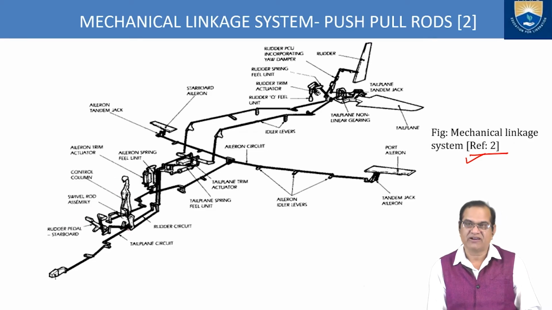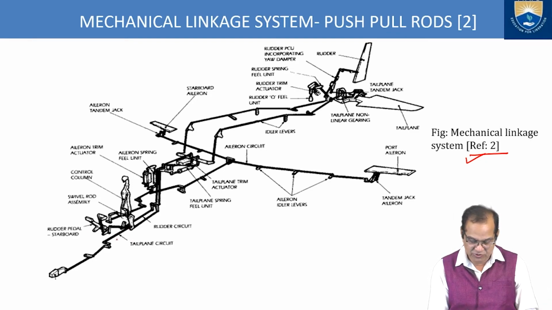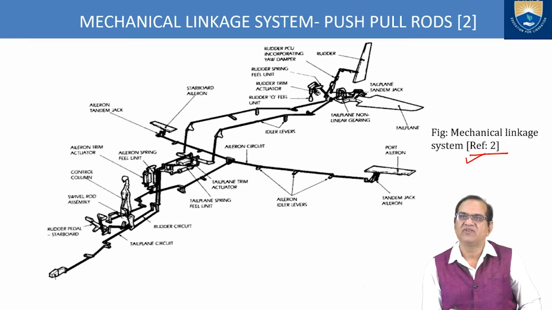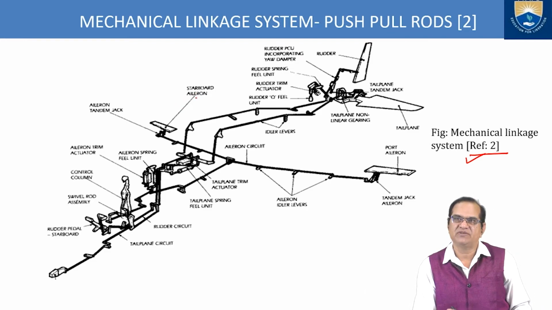Aircraft yawing, nose left and right, is done by the pedal. This is called the control column, and here are the aileron trim actuators, aileron spring feel units. Here we have the ailerons. Starboard means right and port means left.